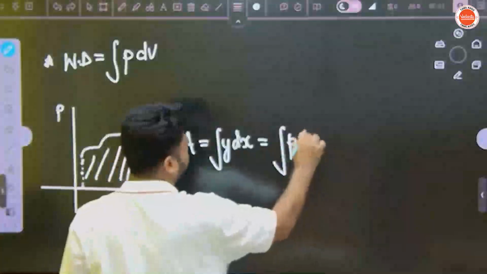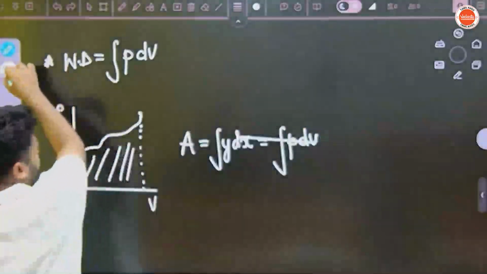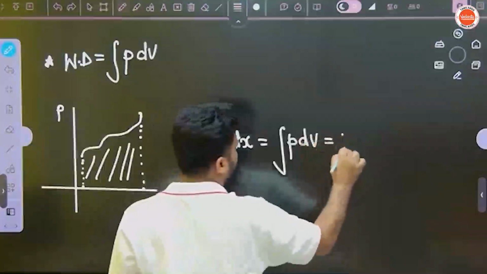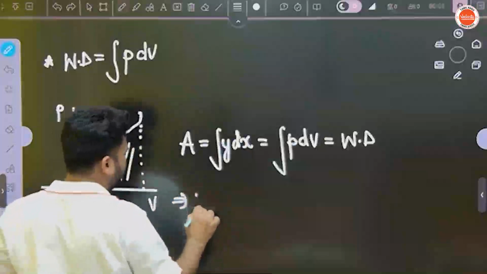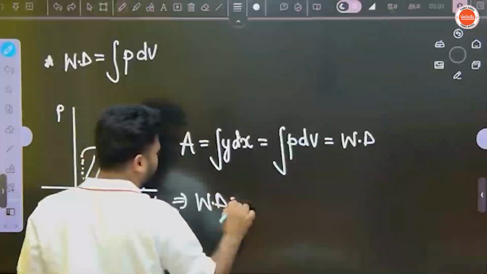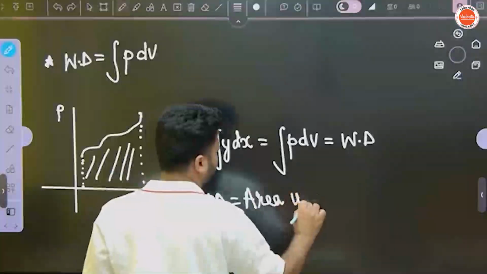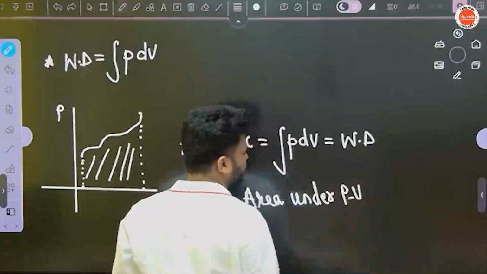So P dV, and the integration of P dV is nothing but work done. Means work done equals the area under the PV graph.